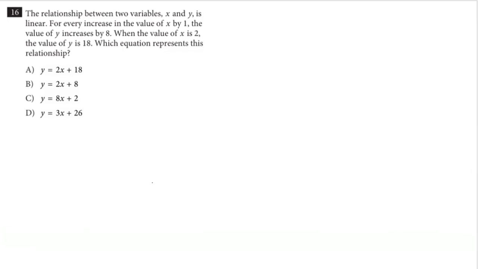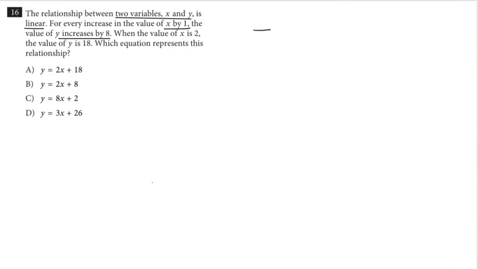Question 16. The relationship between two variables, x and y, is linear. For every increase in the value of x by 1, the value of y increases by 8. Well, this statement tells you something about the gradient of this relationship. You can see that each of the options in the answer space is an equation of a line.